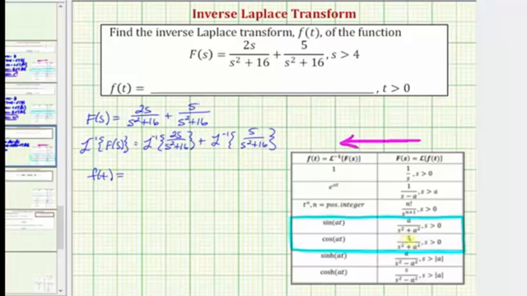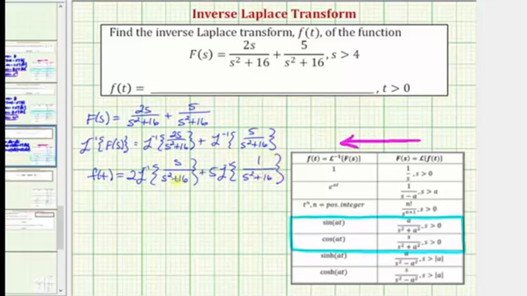Notice how here we have a numerator of s, and here we have a numerator of a, which is a constant. So let's rewrite the right side as 2 times the inverse Laplace transform of s divided by the quantity s squared plus 16 plus 5 times the inverse Laplace transform of 1 divided by the quantity s squared plus 16.